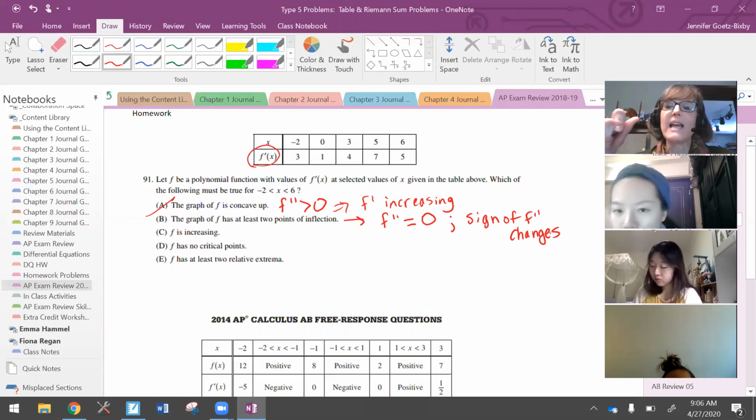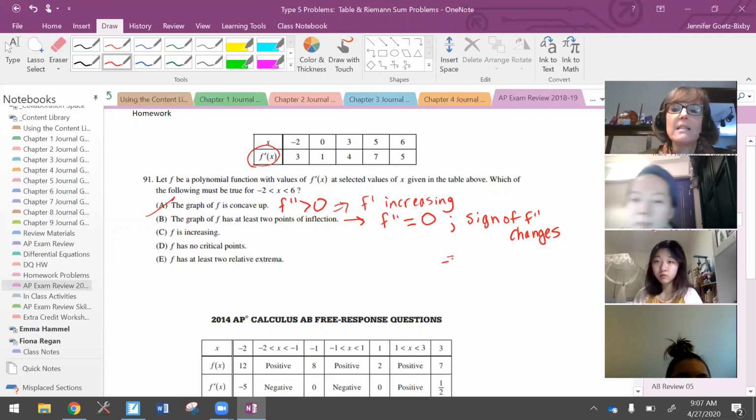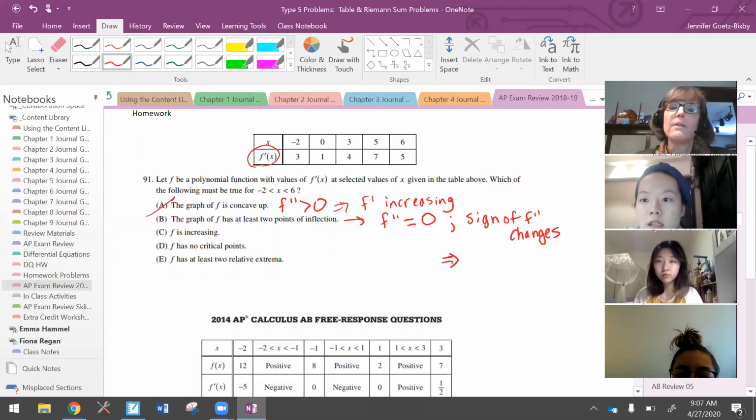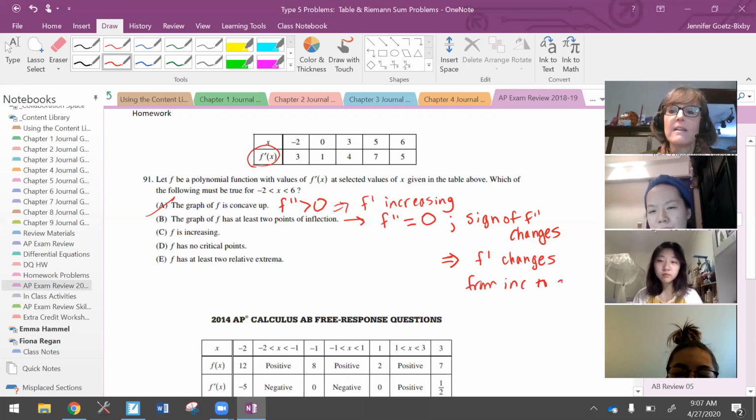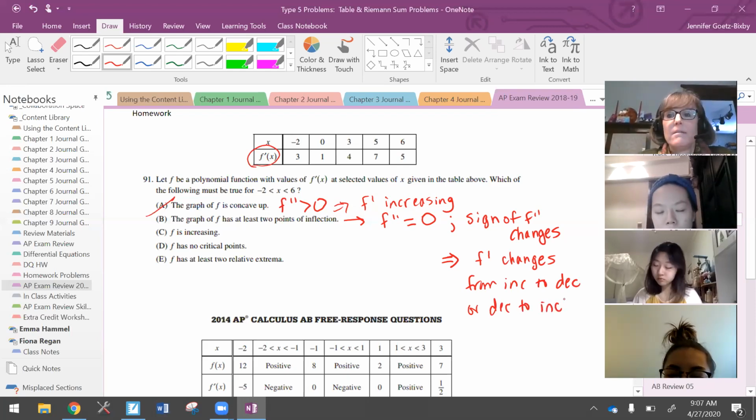You actually have to have the sign change, which means, based on what we talked about for option A, that f double prime changes from increasing to decreasing or decreasing to increasing, right? Because remember, f double prime is the slope of the f prime graph.